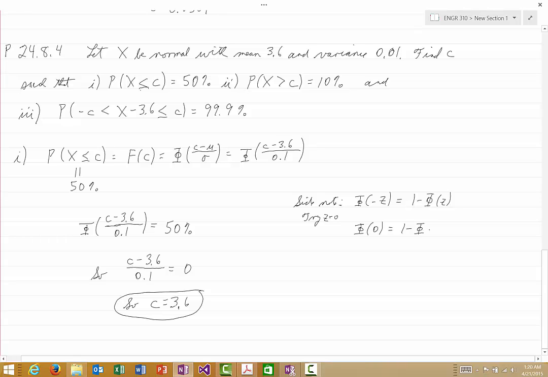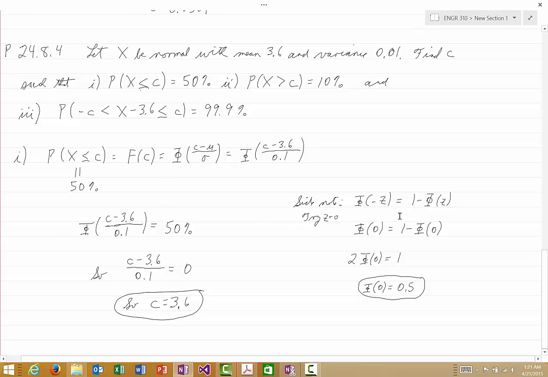And so we would get phi of 0 is 1 minus phi of 0, or 2 phi of 0 is 1, or phi of 0 is 0.5. And of course, that's the information that we got from table A8 that allowed us to solve this problem.